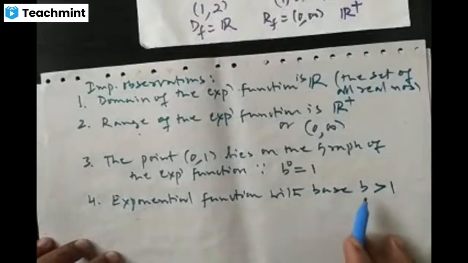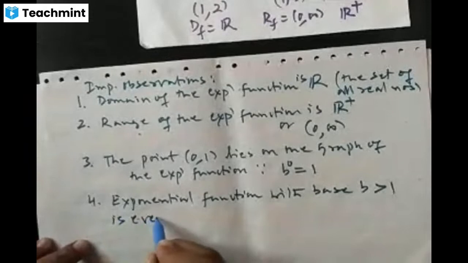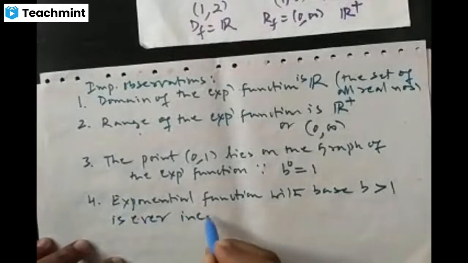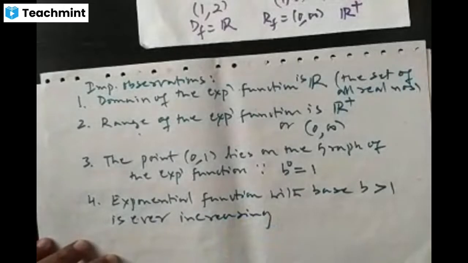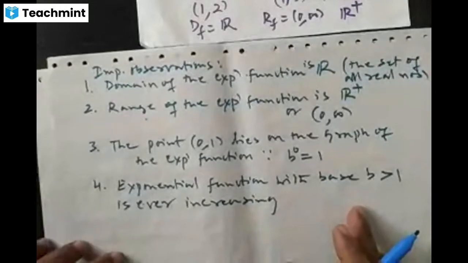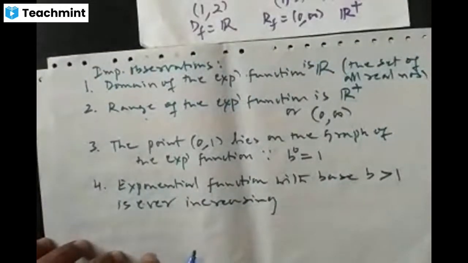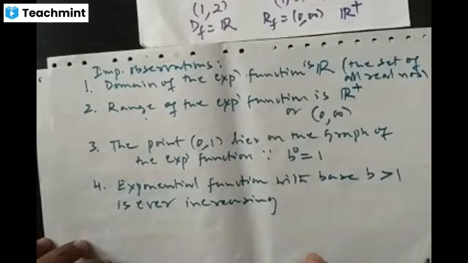The exponential function with base b, which is more than 1, is an ever increasing function. Ever increasing means when we move from left to right on the x-axis, the graph rises above. The value of y goes upwards.